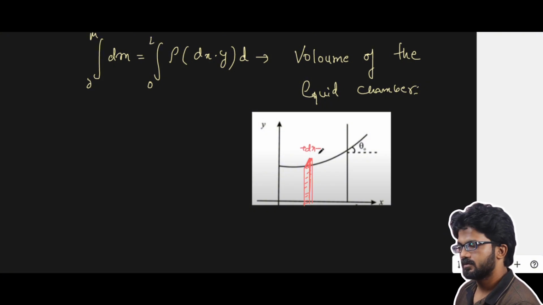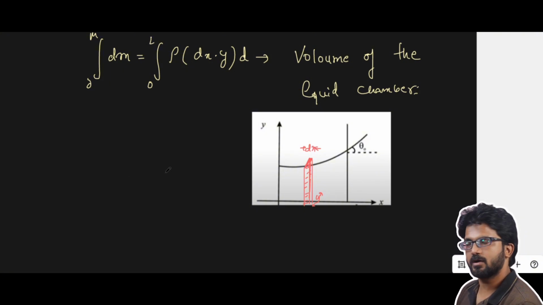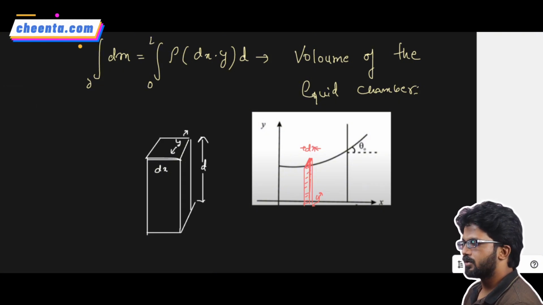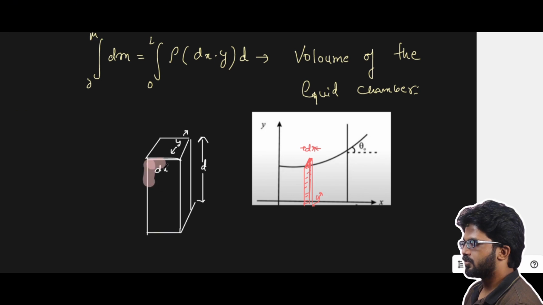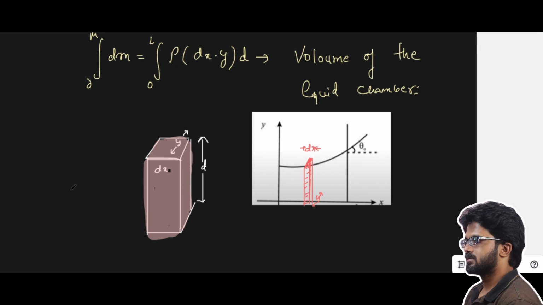To compute the mass over the dx length of y distance, if I draw this element again, you will see that it is a cuboid where the length is dx along y with a depth of d. We are going to compute this element over the entire length and integrate it, so that we find the volume over the entire length and then compute the mass of the liquid channel.